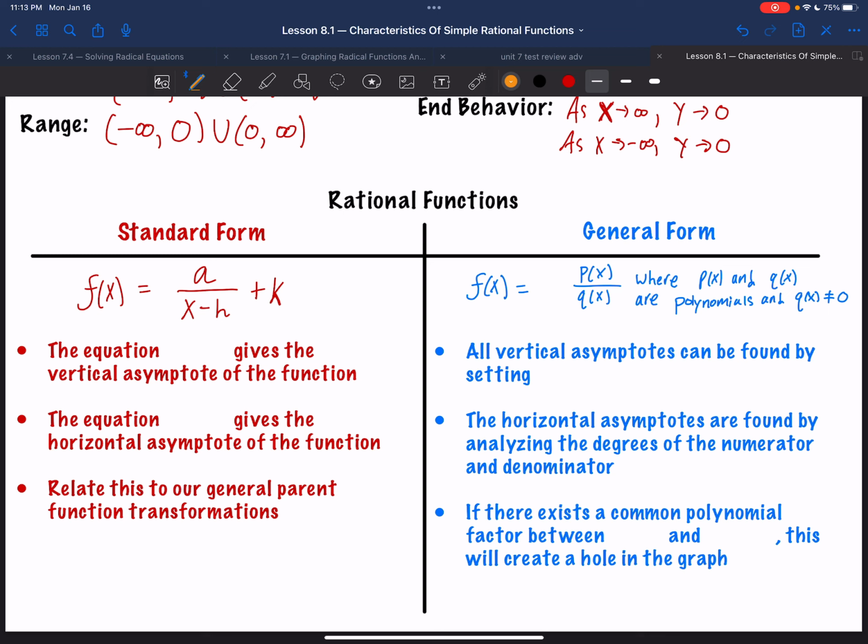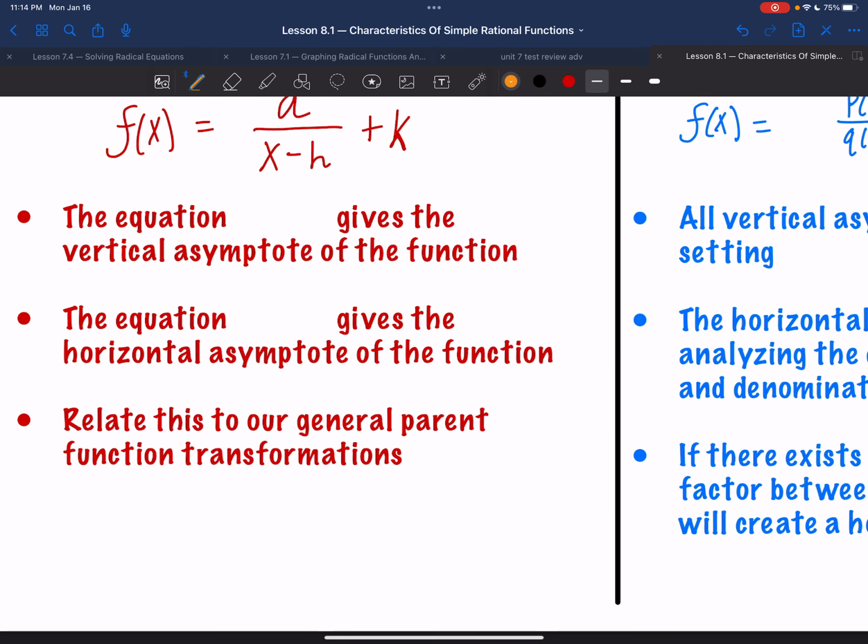If you're looking at the standard form on the left here in red, it looks very familiar. It looks like our function transformations, and that's because it's kind of written like that. So I'm actually going to do this bottom part first, relate this to our general parent function transformations, that being a f of b times x minus c plus d.